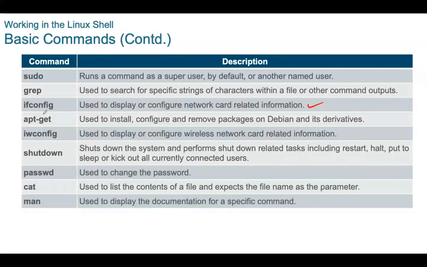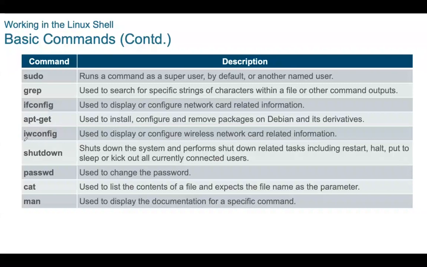And to install any packages, or to make your operating system up to date, use the apt-get command. The apt-get command is used to install, configure, and remove packages from your Debian operating system, from your Linux.